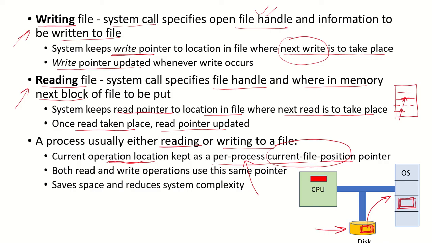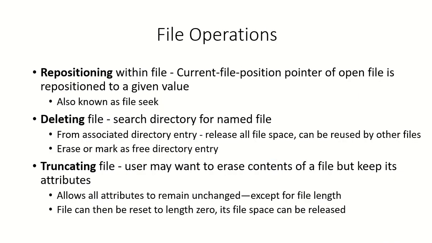Multiple processes could have opened the file and each process might have its own current file position pointer. So now both the read and the write operations can use the same pointer. This reduces the space as well as reduces the system complexity of maintaining two pointers.